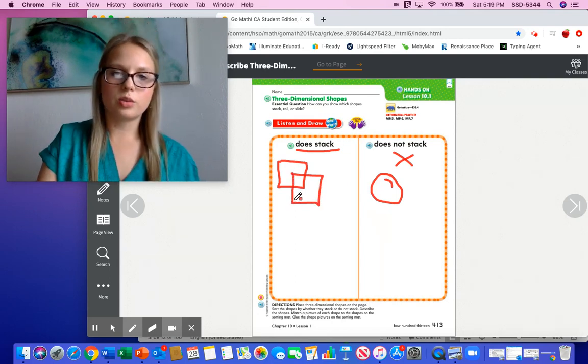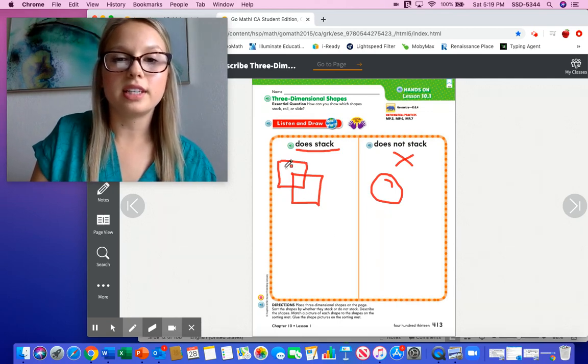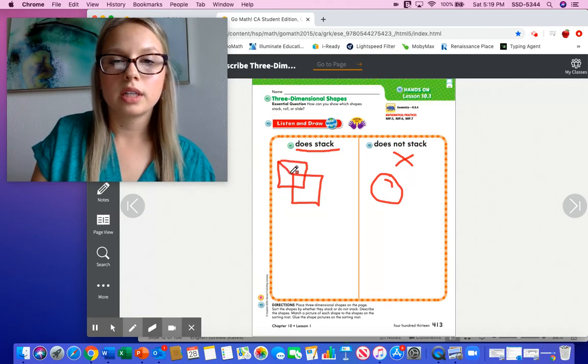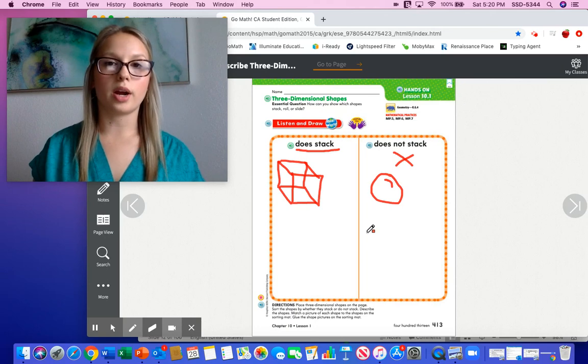Do you see how this square went a little bit lower than this one? Now I'm going to connect my vertices or my corners. Connect those. Connect those. I know this is tricky. Connect those and connect those. If it's too hard, you can just leave it like a square. That's okay.